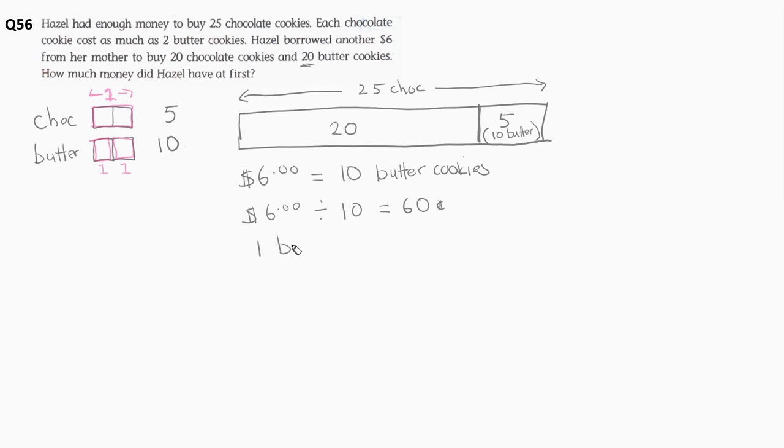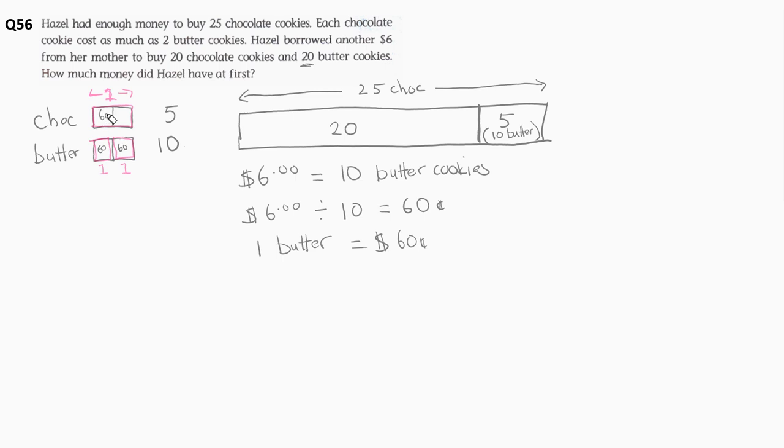one butter cookie costs 60 cents, or $0.60. It's up to you how you want to put it. So if that's 60, that's 60. That's another one of these, that's 60.